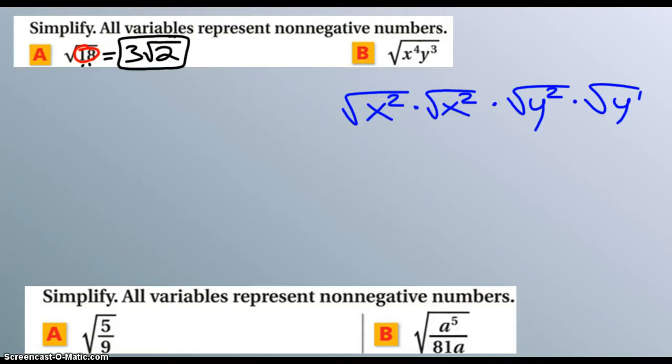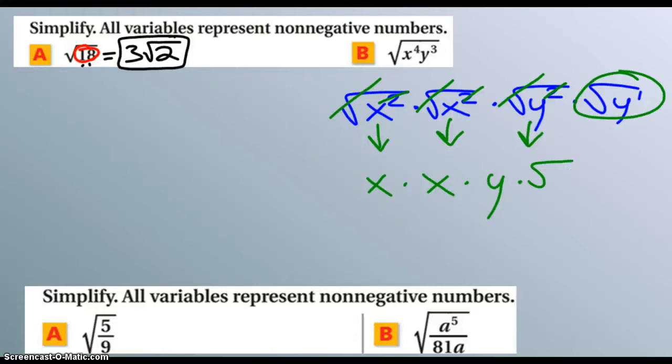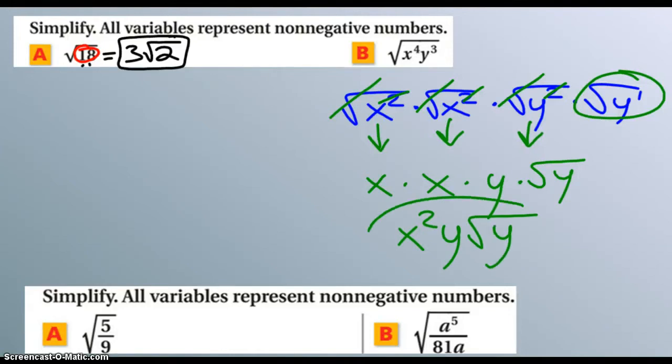And I can simplify this now. I know that this comes out to x, because remember, square roots and squares just cancel each other. That means this will also be just x. And then the y to the 2nd cancels. We get y, and then I have a y left over. That has to stay in there, because I can't just take the square root of y. So really we have x to the 2nd times y times the square root of y for that. Okay?